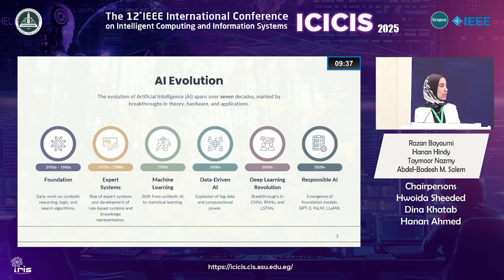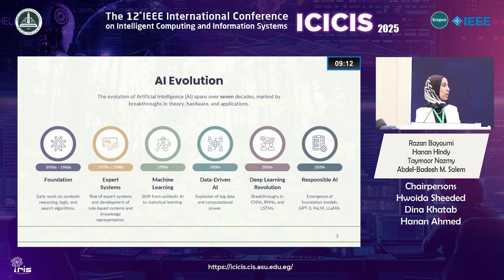AI is the ability of machines to perform tasks that mainly require human intelligence. There was a huge evolution over the previous 7 decades. We start with the foundation and simple expert systems, passing by machine learning and data-driven AI.